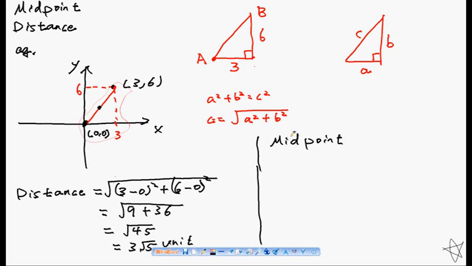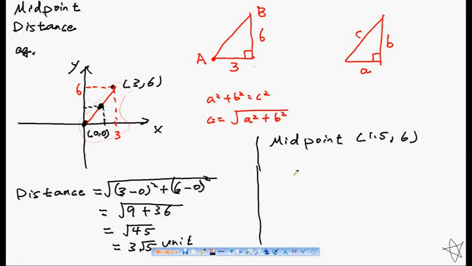From the graph you can say this is our midpoint, and the coordinate is basically 1.5 and 3.